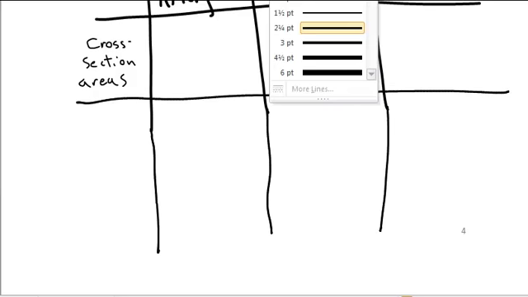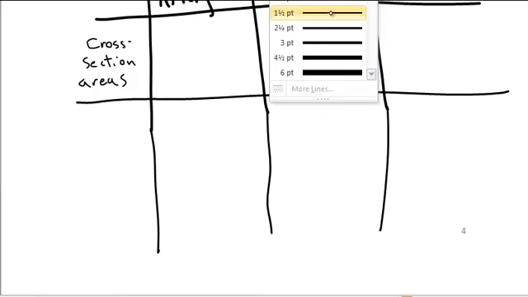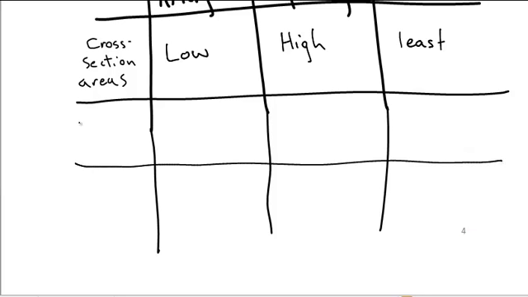So if we look at that graph, we have what has the least cross-sectional area. Just barely, but the veins are the least, the arteries are low, and the capillaries are high. I wouldn't call the arteries medium because they're actually fairly close to the veins. They're just slightly higher. And we can look at blood velocity.